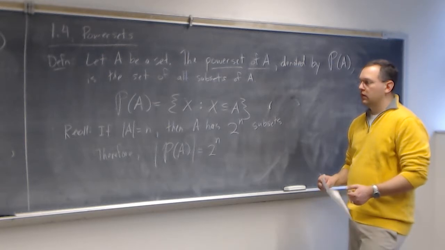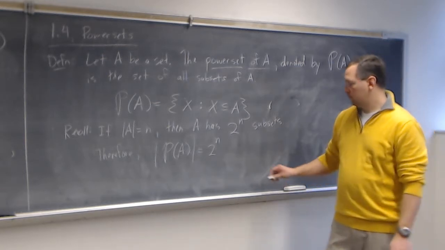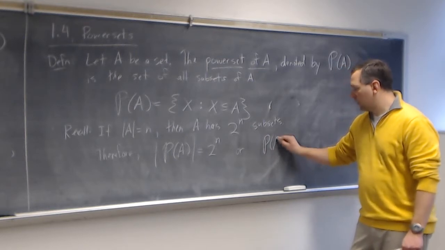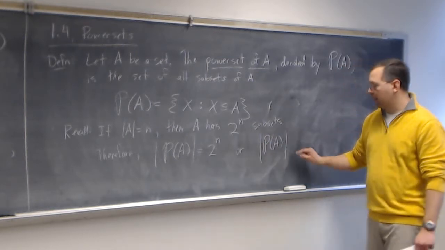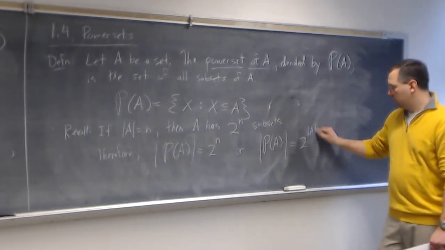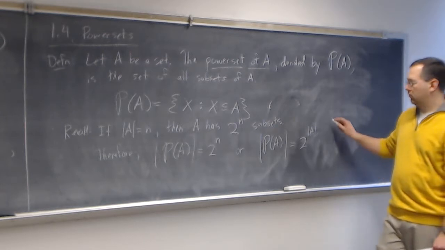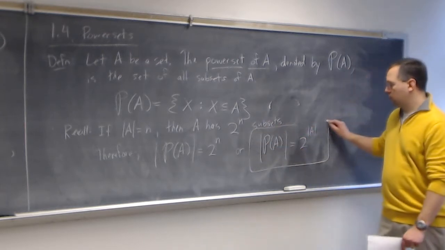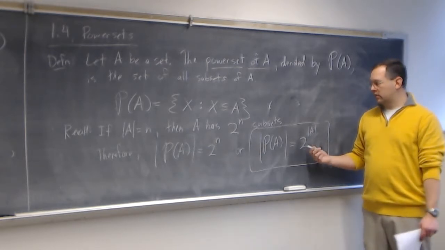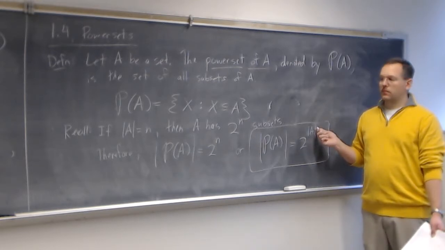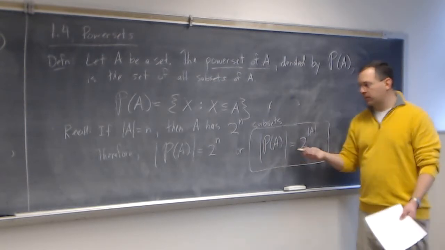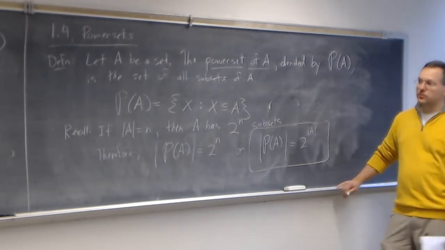Some people write it like this: the size of the power set of A is 2 to the size of A. So this is just a fact about subsets. There's this many subsets of A. The power set is just the set of all subsets, so the size of the power set is the same as the number of subsets.